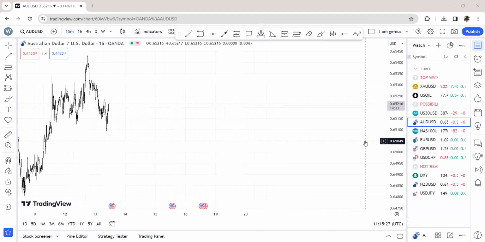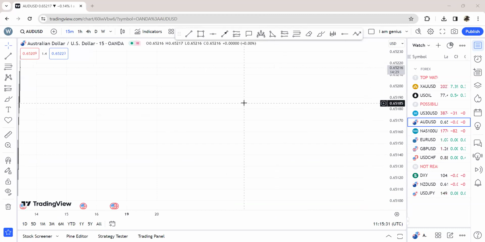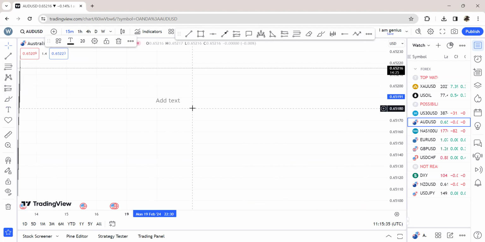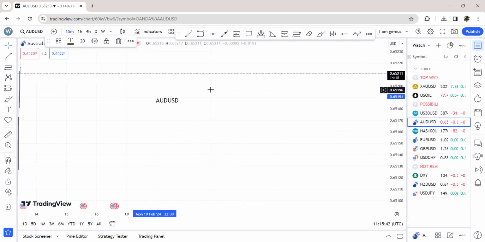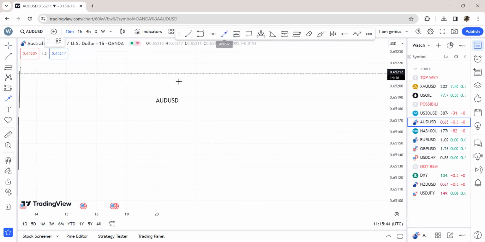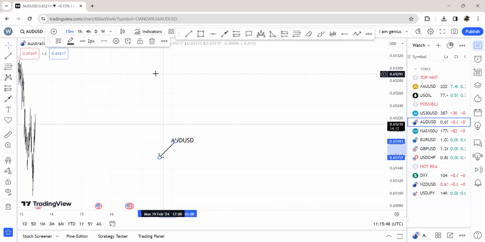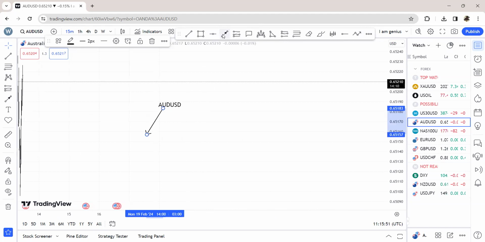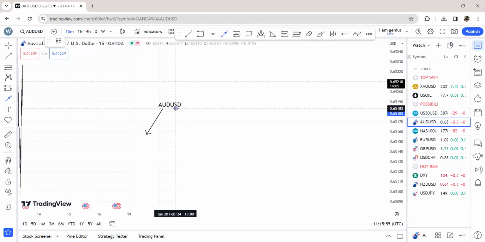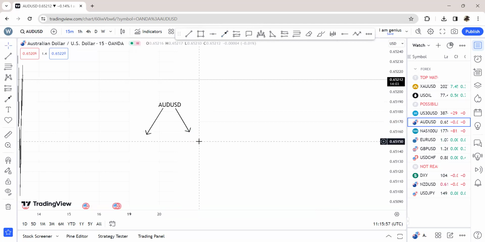Okay, so today we want to look at fundamental analysis. For those who might not know, fundamental analysis is simply how news, political, and economic events affect the markets.